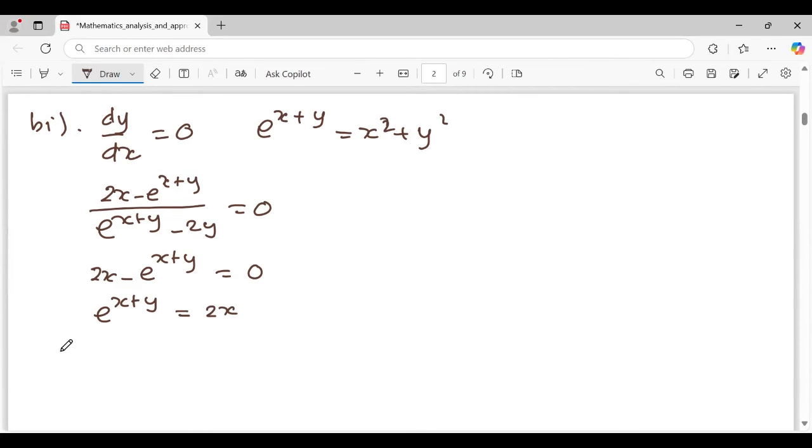Then through the log rule, we are going to find the equation.